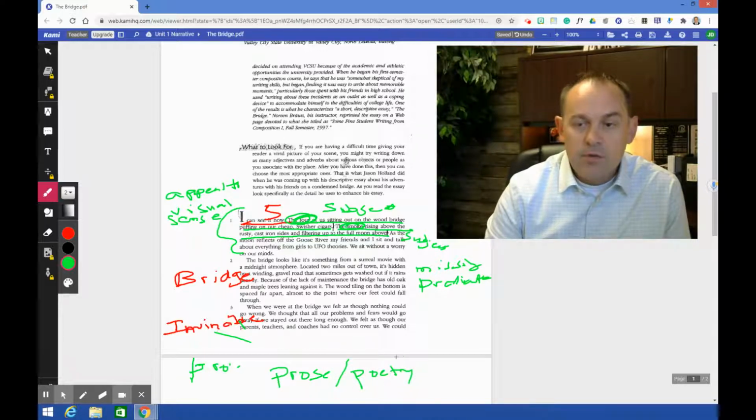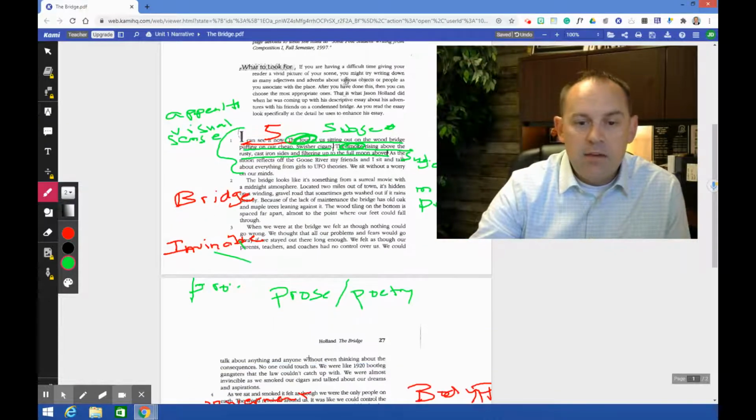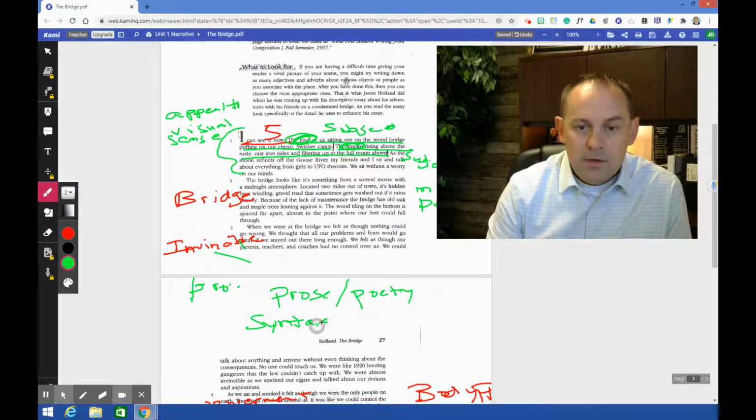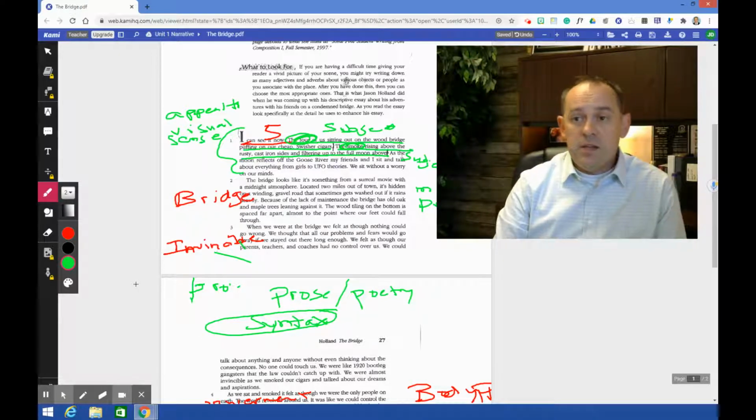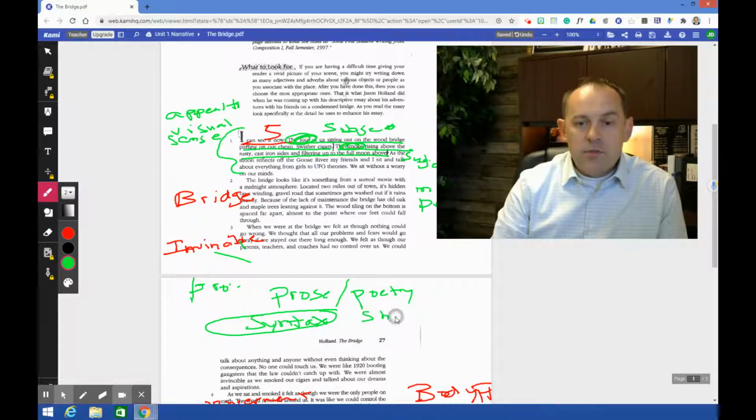So anything written in verse is poetry, anything written in essay style is prose. So your prose needs a variety of sentence types and lengths. We call that syntax. So anytime we're talking about syntax, we're talking about the length of sentences and the arrangement of ideas. So you should have a variety of short sentences, medium sentences, and long sentences.